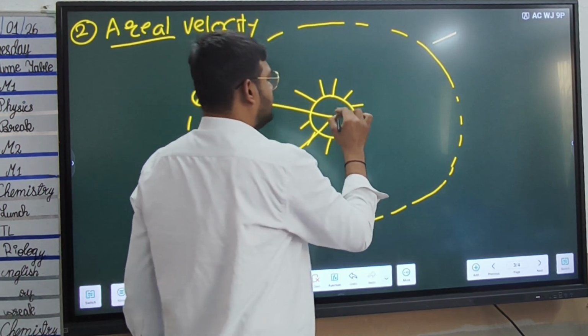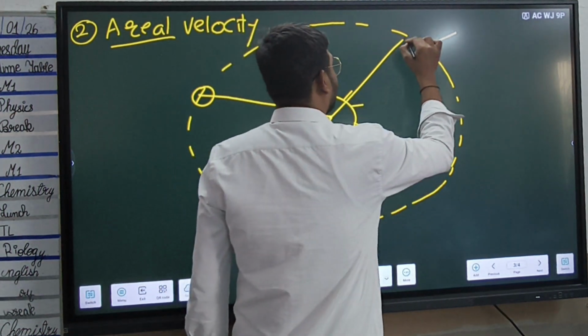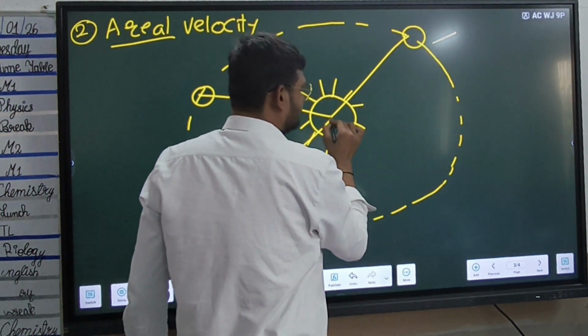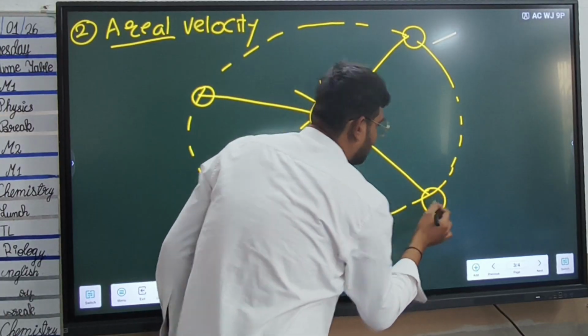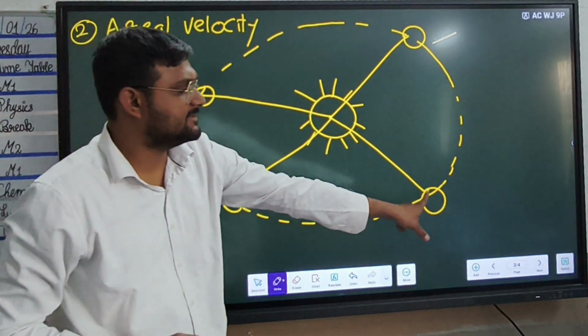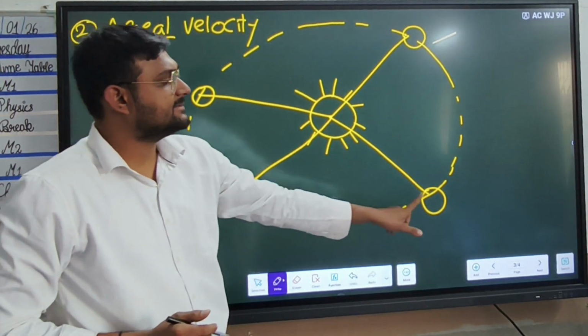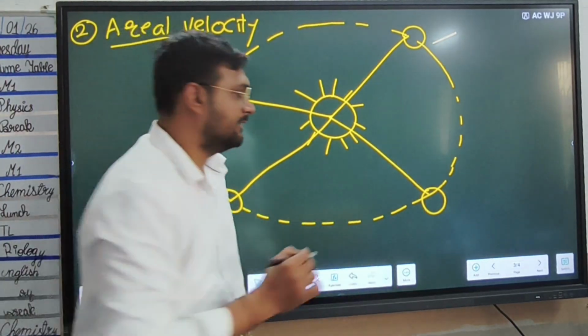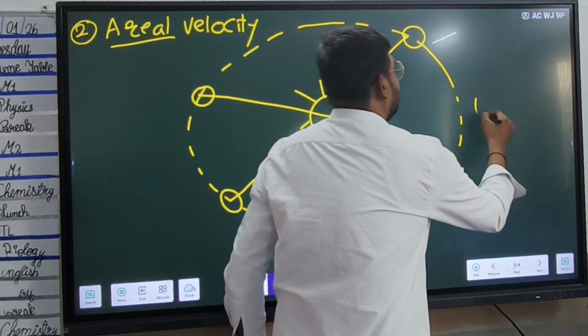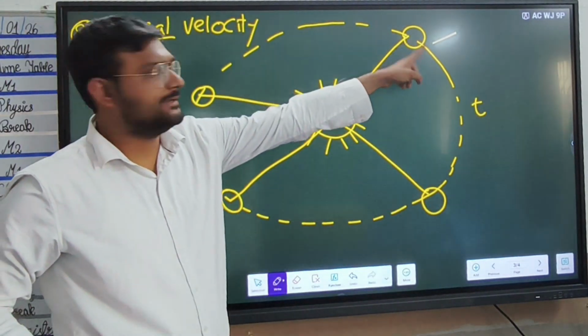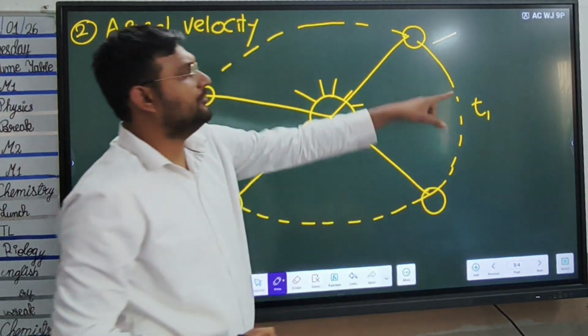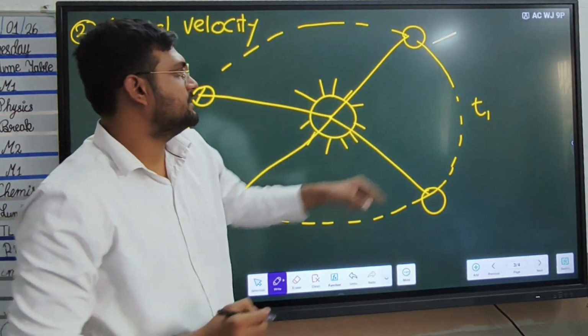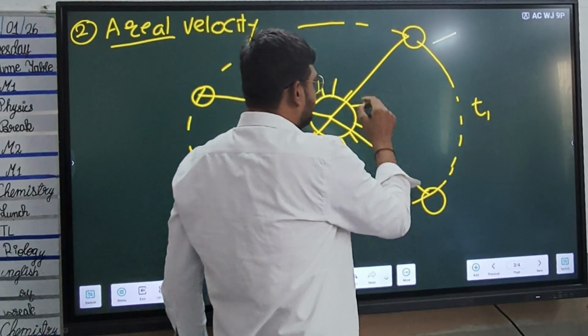What does this law state? Suppose this is a planet, revolving around the Sun. At some instant it was at this point, and in time t1 the planet moved from this position to this position. The area swept by the radius vector is this.